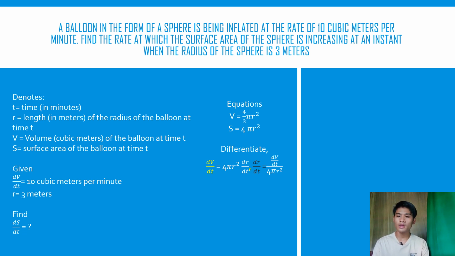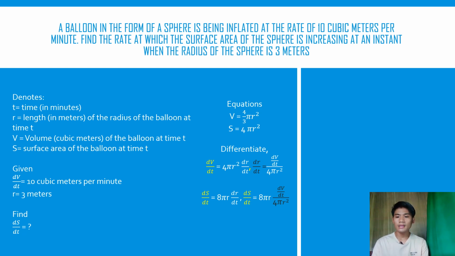We came up with dV/dt equal to 4 pi r squared dr/dt, and we are asked to find dr/dt, so it would be equal to dV/dt all over 4 pi r squared.